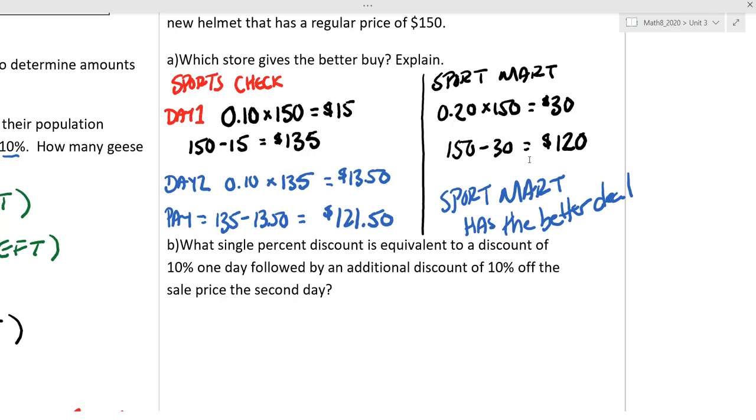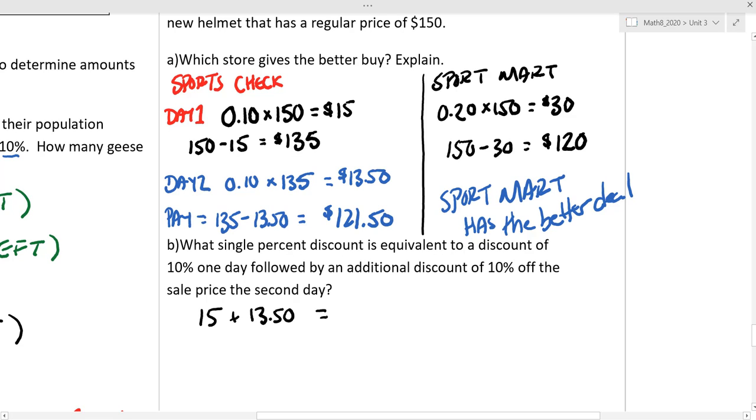So to do this, we go, hey, how much money did they save us? Well, they saved us $15 on the first day and $13.50 on the second day, right? So they gave us $15 off the first day, and they gave us $13.50 off the other day.